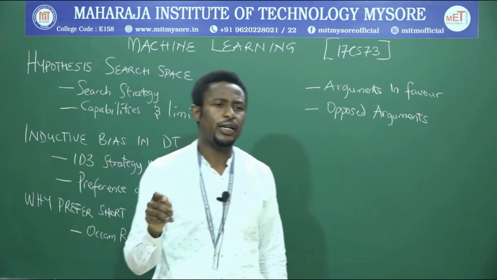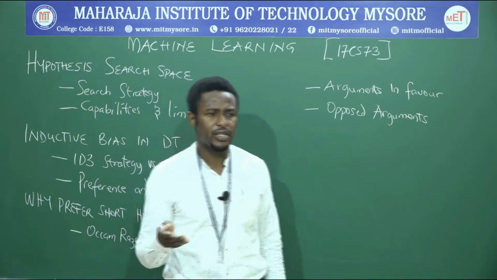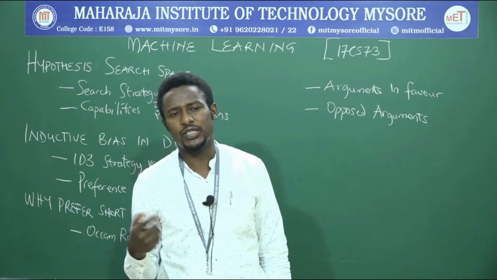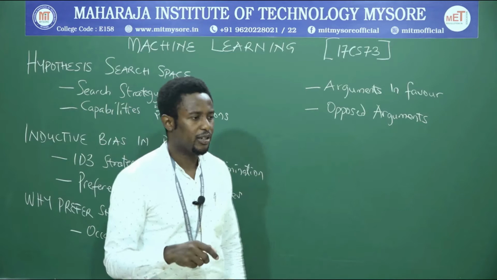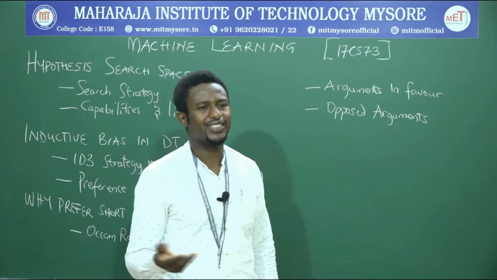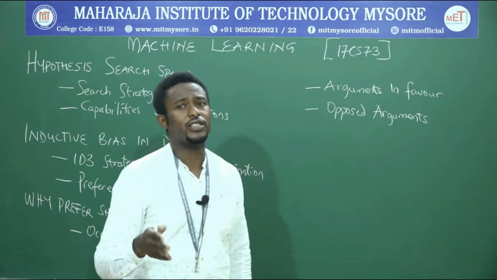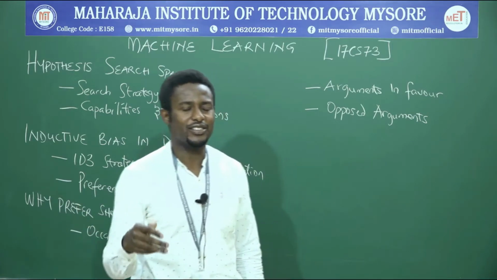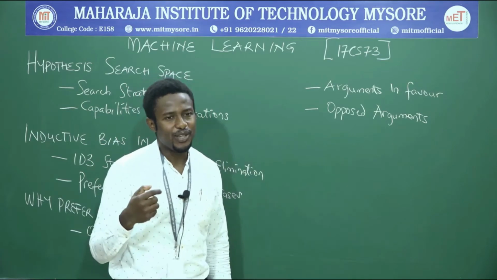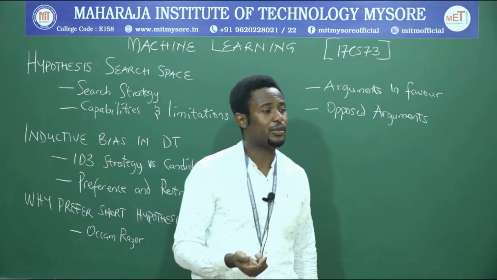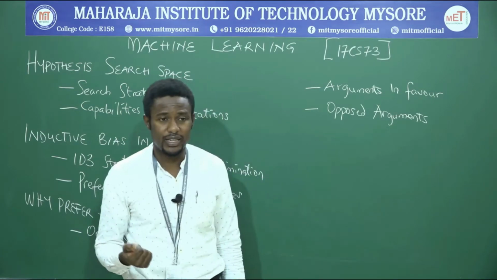So again, we say ID3 performs a simple to complex hill climbing strategy through this hypothesis space. You've studied hill climbing, right? Don't worry, if you've not, you can go back to your previous notes and look into that. So what do we mean by this mirroring hill climbing in the hypothesis space?